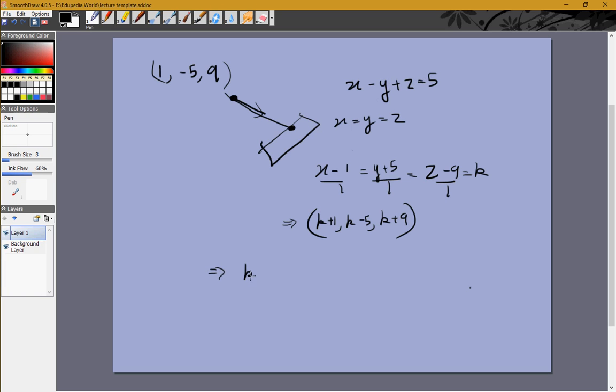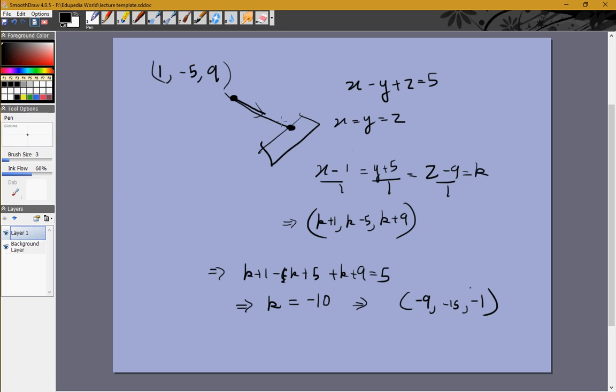So which means k plus 1 minus k minus 5 or minus k plus 5 plus k plus 9 is equal to 5, which gives us k plus 15 is equal to 5, or k is equal to minus 10, which means the point is (-9, -15, -1). This is this point.